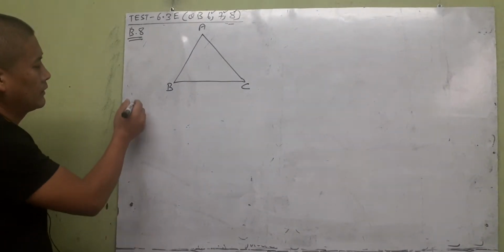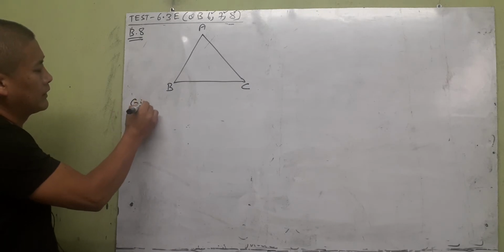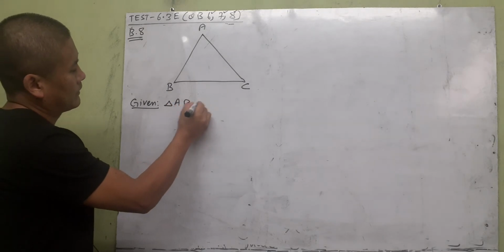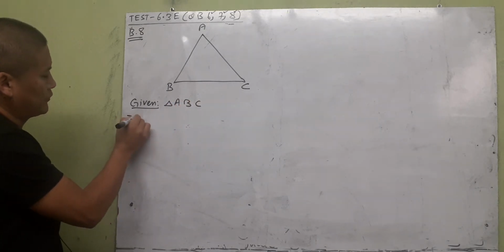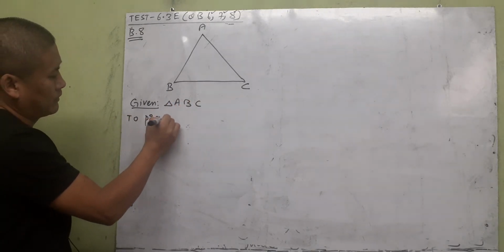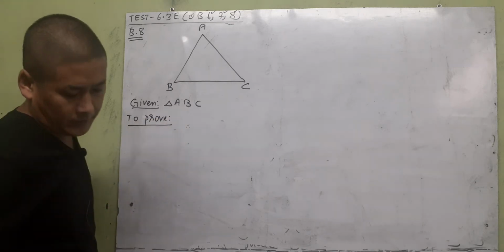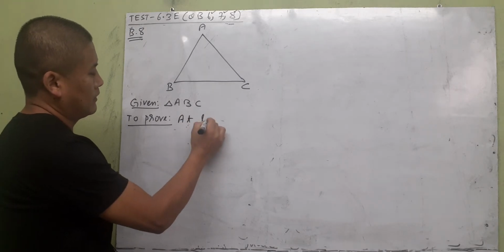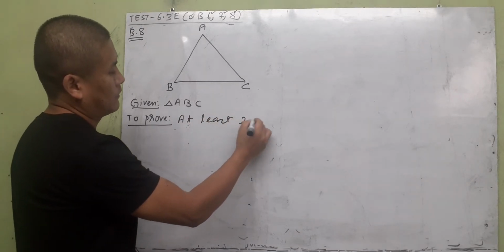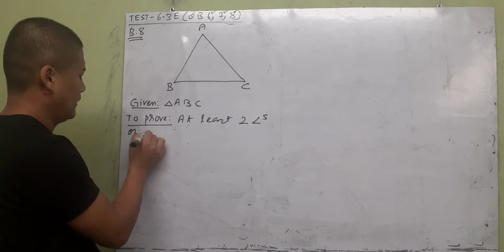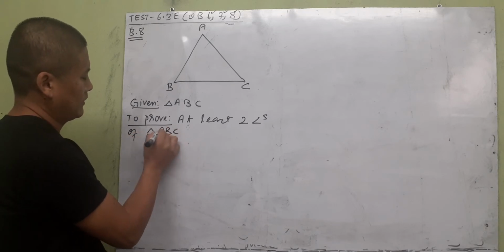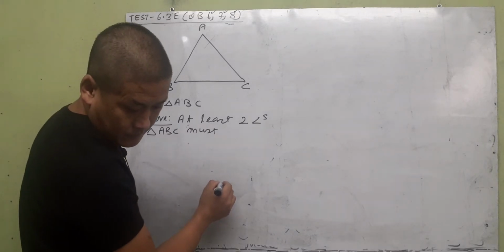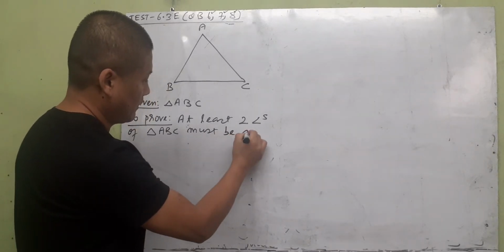So this is saying, okay, let us write here in our own way. Given to us is a triangle ABC. Then we have to prove according to the question statement that at least 2 angles of this triangle ABC must be acute.